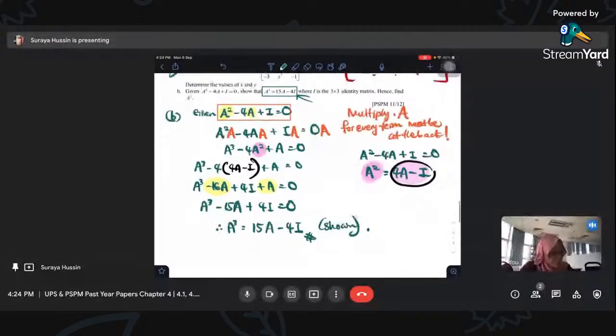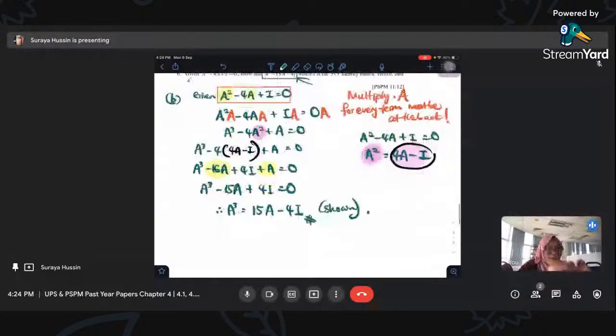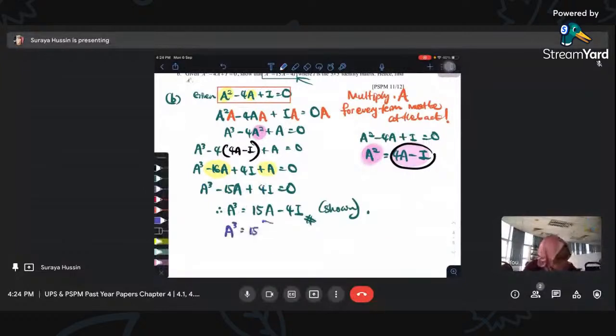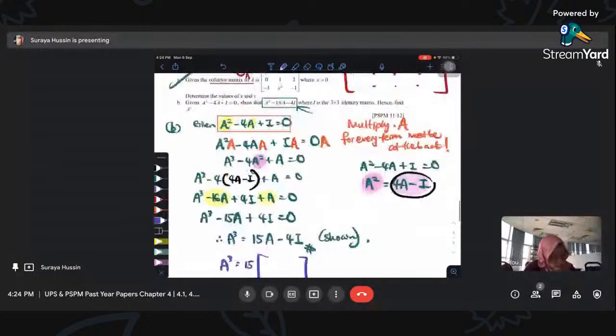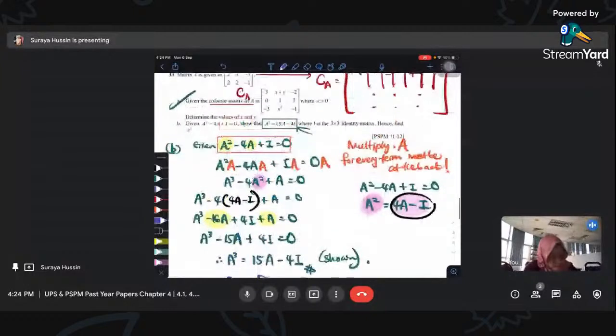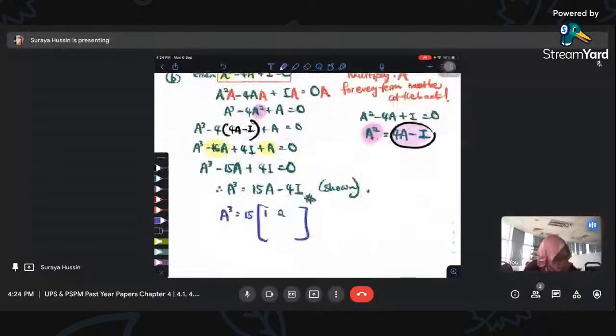So now you boleh cari your A cube without fail, without finding any difficult matrix. What you need to do is just A cube is equals to 15 times A minus 4 times identity. Matrix A kamu pakai je lah 1, 2, negatif 1, 2, 3, negatif 3, 2, negatif 1.